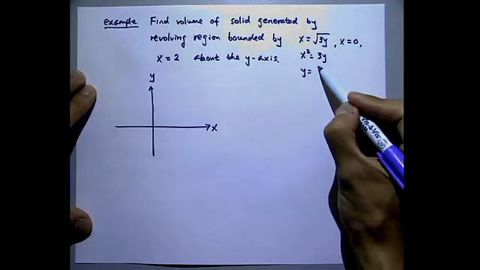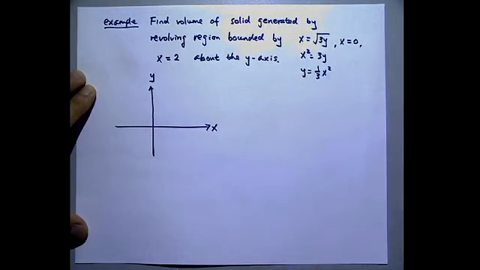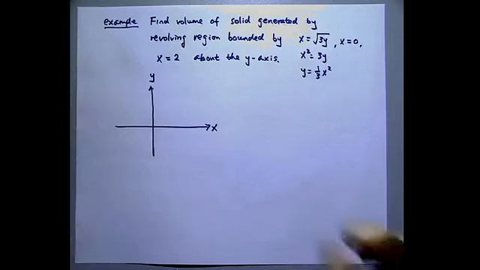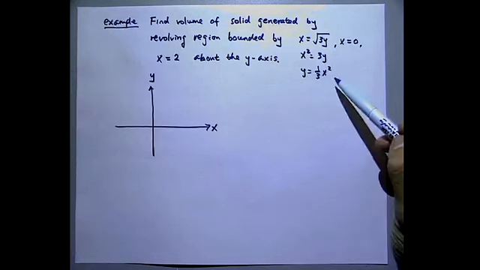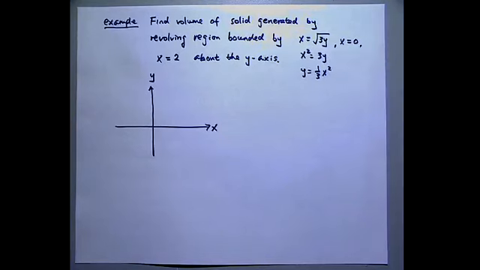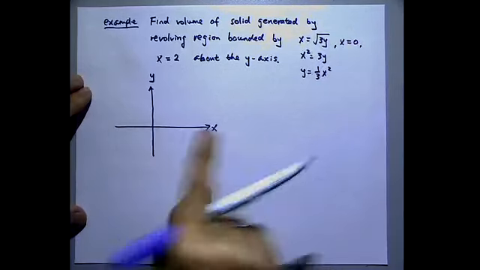So that's y is equal to 1/3 x squared. This is a parabola opening upward. The 1/3 changes the width, but the general behavior of opening upward doesn't change. And x being the positive radical means it's only half of it, the positive x half, that means the right half.